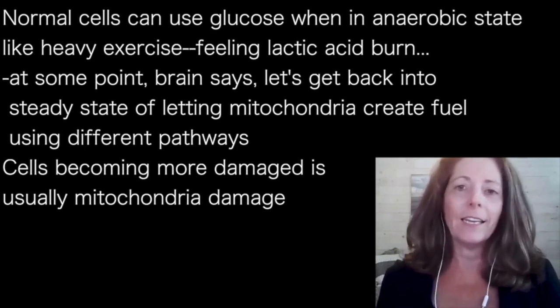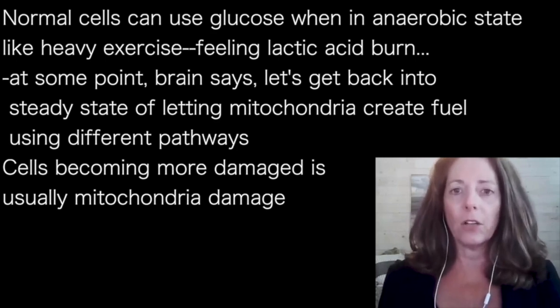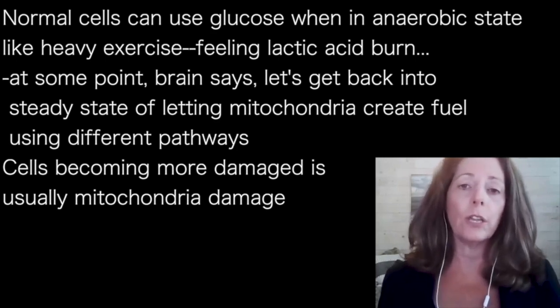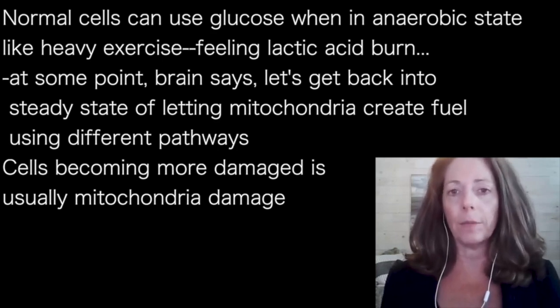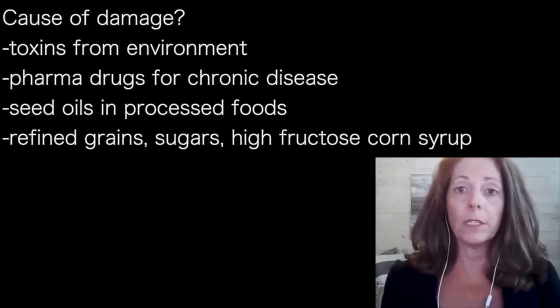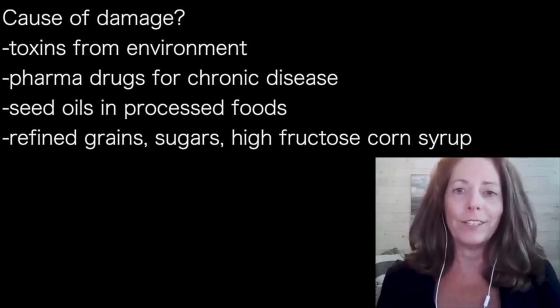As our cells slowly become more damaged, it's usually a function of mitochondrial damage that happens over time. Toxins in our environment can cause damage. The drugs we're given, even good pharmaceutical drugs for some chronic disease we have, might slowly be damaging those mitochondria. Food: we have the fake food environment.